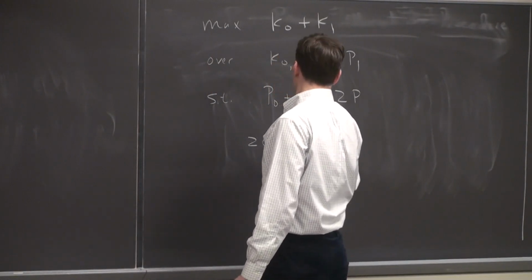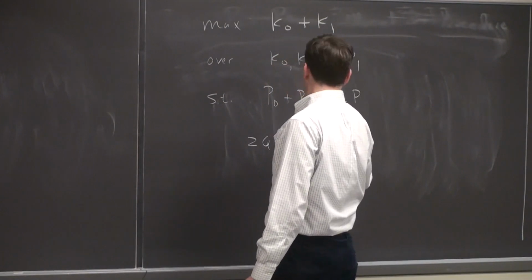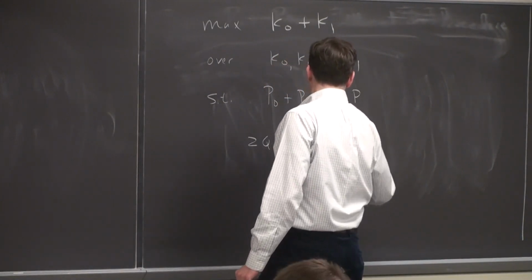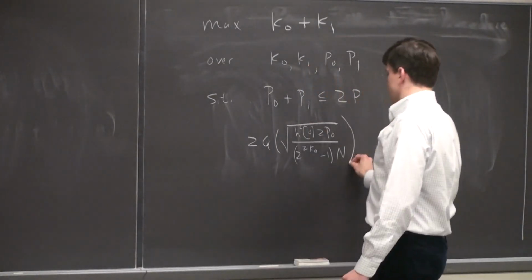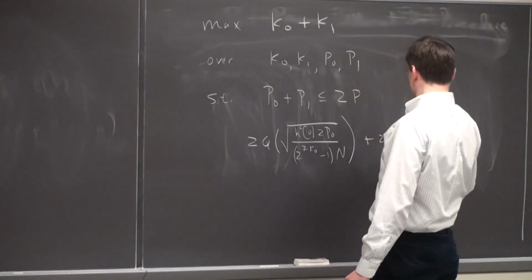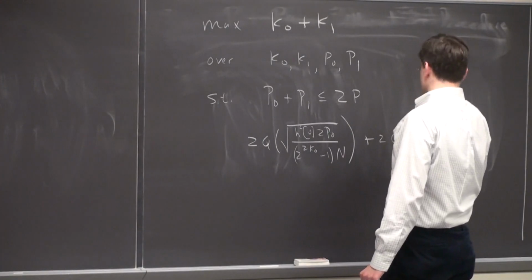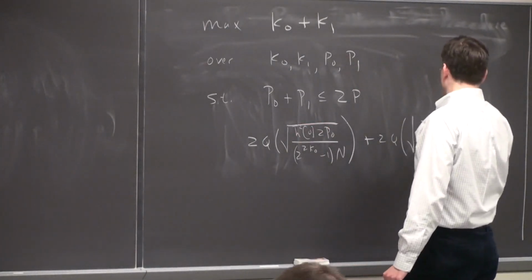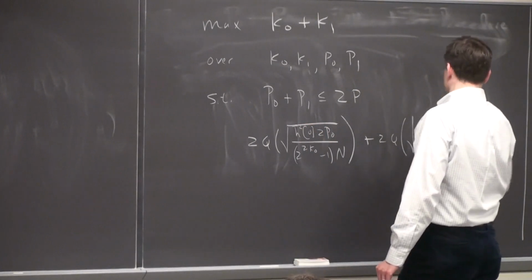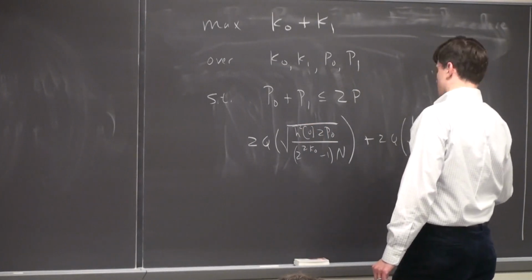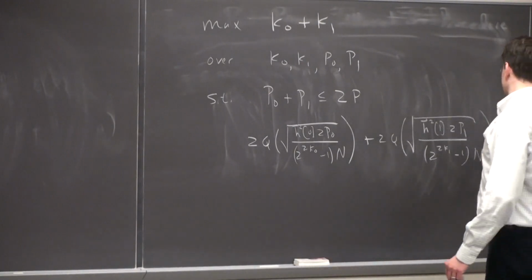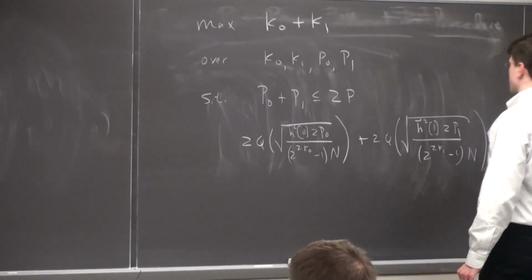So I've got 2Q of the square root of H0 squared 2P0 over 2 to the 2K0 minus 1, n, in the first Q function. Second Q function, 2Q of the square root of H1 squared 2P1 over 2 to the 2K1 minus 1, n. All that less than or equal to P_E bar.